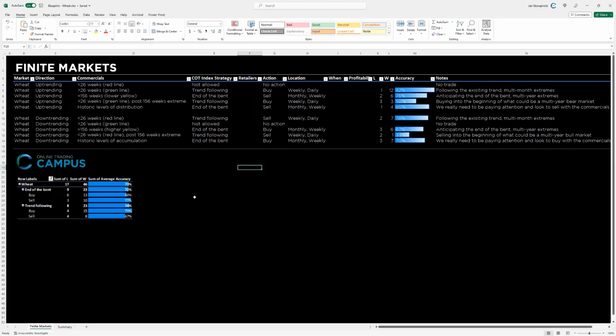A couple of care points here. This is an Excel that we worked on throughout the entire session last time. And this is something that I want you to continue maintaining for all of your favorite markets, because this is really going to help you at the end. So today we're going to talk about the retailer, and we can continue to populate this Excel spreadsheet as we look at the wheat market.